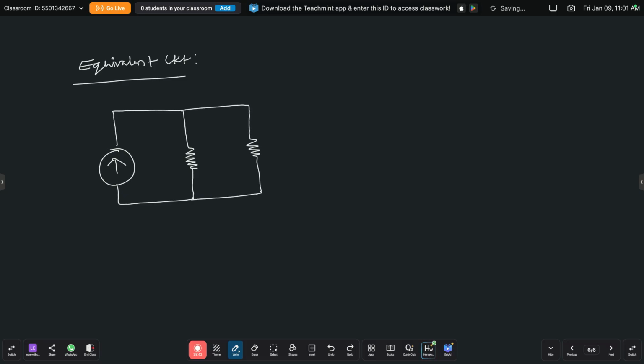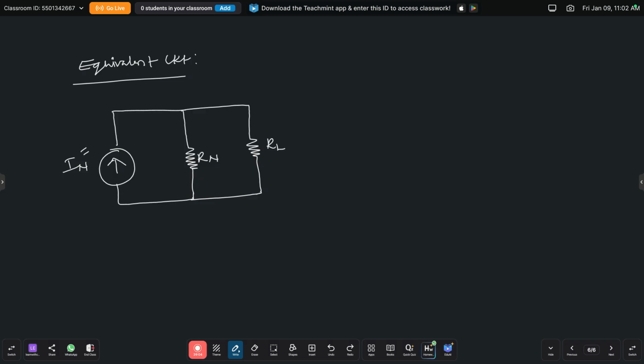In Thevenin's theorem, one voltage source is in series with a single resistance, but in Norton's theorem it is replaced by a single current source in parallel with a single resistance. Here this is the Norton's current IN, this is the Norton's resistance RN, and this is the load resistance RL.